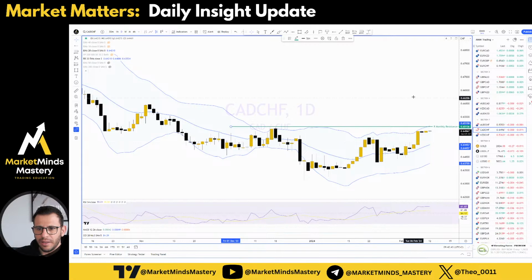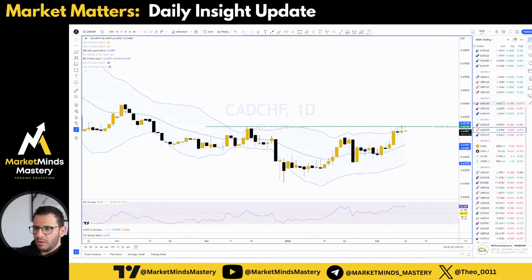On the daily, we can say that the price is testing this resistance. Now it false broke out this upper band, so we might see some move to the downside. Technically speaking, it's a good one to have in our watch list, in my opinion.